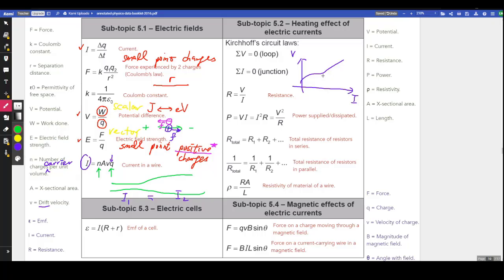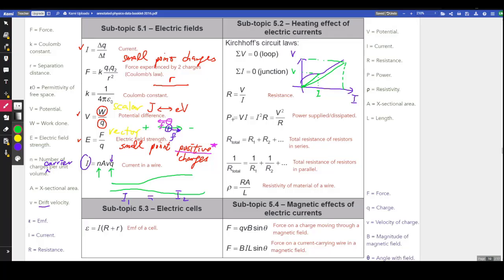You should never look into that. What you should do is find the origin and draw a line to the point, because this is V and this is I. So always draw the line from the origin and use that gradient to find the respective resistance.